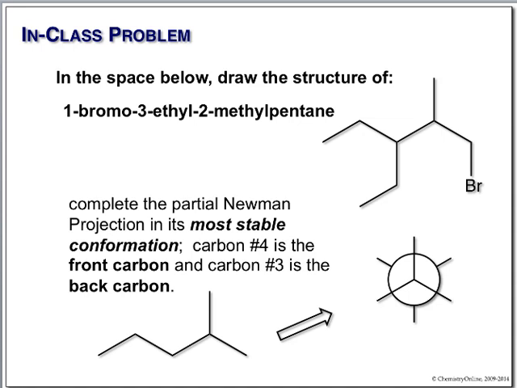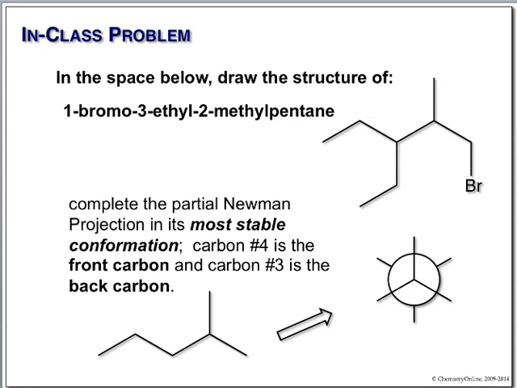All right, next we're going to take a simple alkane here, and we're going to represent this as a Newman projection. Now, what I say to the problem here is that in the Newman, I want carbon number 4 of this molecule to be the front carbon, so that's this guy, and carbon 3 as the back carbon.